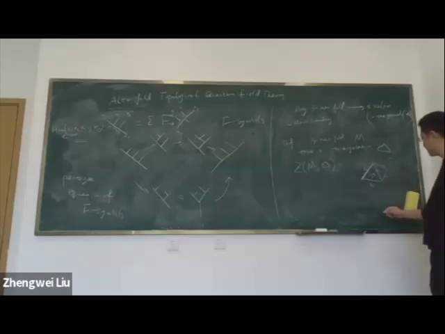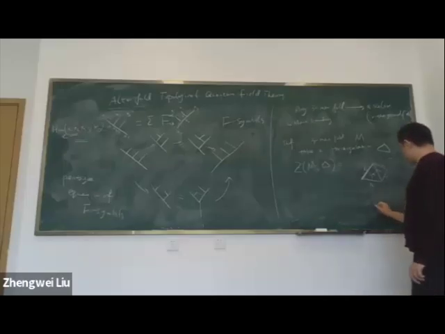In total, we have 4 different faces. We have morphism alpha, and beta, and theta, and gamma.